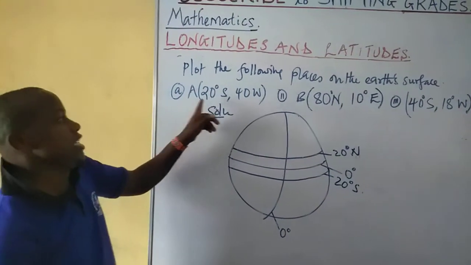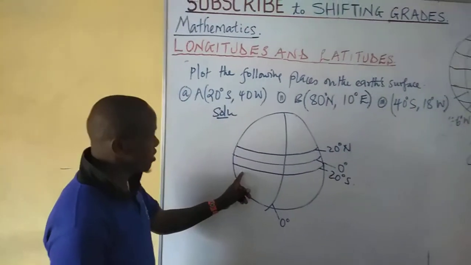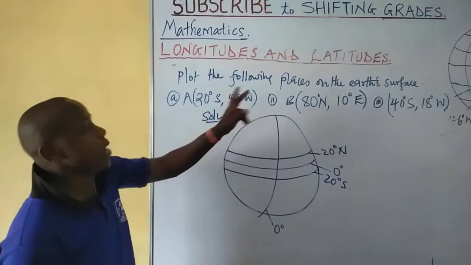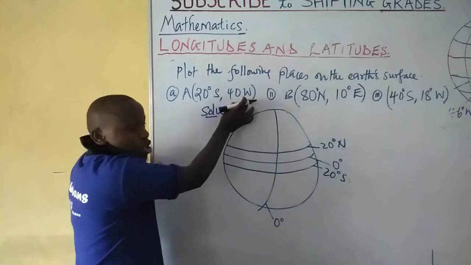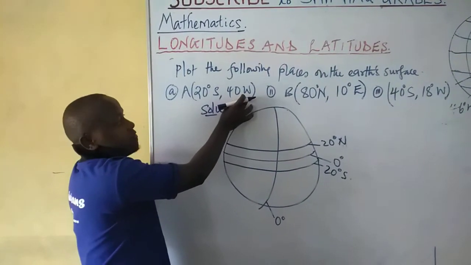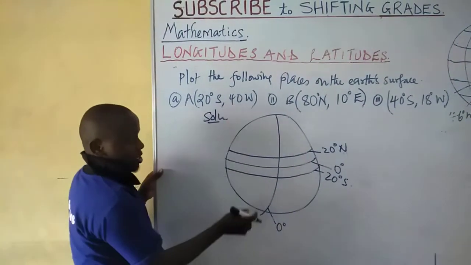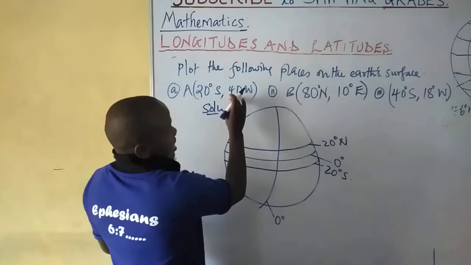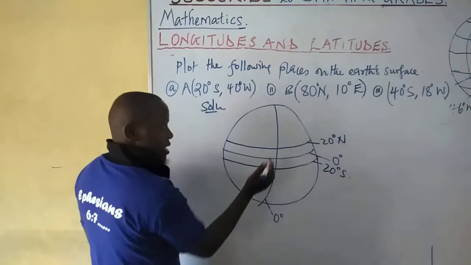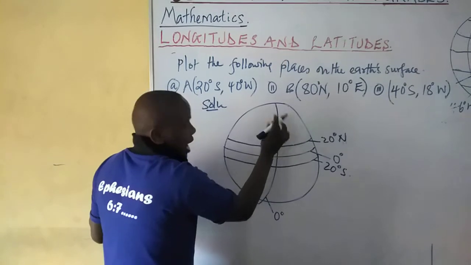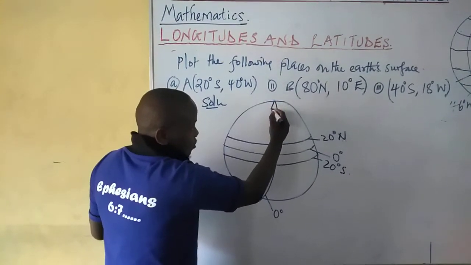So A is 20 degrees in the south and 40 degrees west. Therefore now the second part gives us the longitude. And therefore we need longitude 40 degrees in the west. Therefore with 0 degrees here, we can identify 40 degrees.